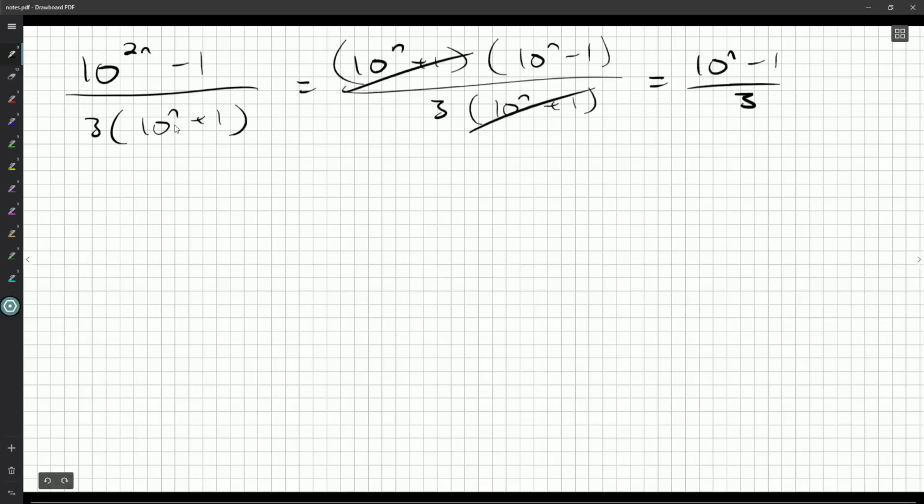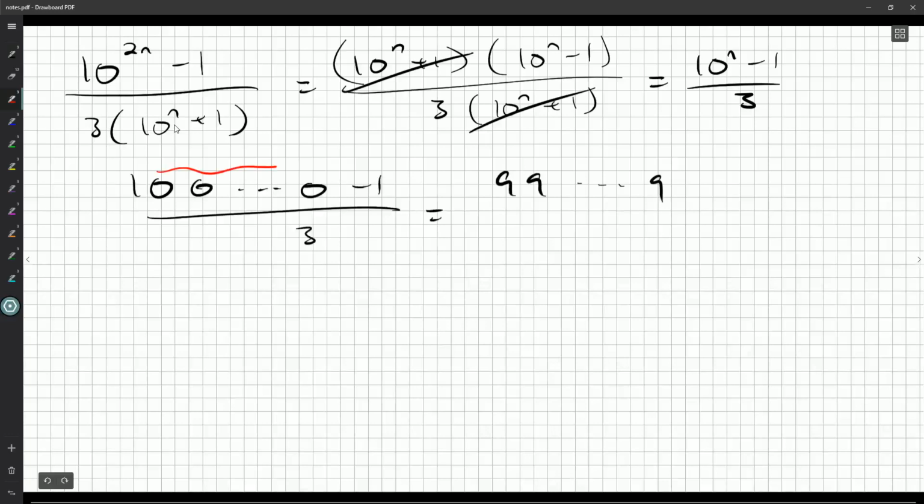But 10 to the n minus 1, we can actually write it out. It's 1 followed by n zeros, minus 1. And if you subtract 1 from 10,000 or 100,000, or a 1 with 10 zeros or 12 zeros or 50 zeros afterwards, you'll just get a number with that many 9s.